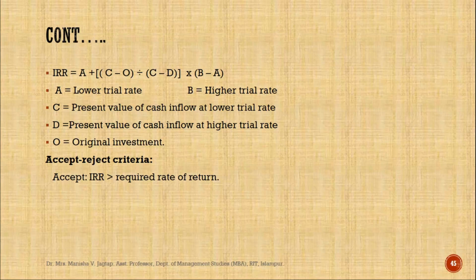And here, the accept-reject criterion is that we can accept a proposal when IRR is greater than the required rate of return. So for better understanding of IRR, let us try to understand this with the help of an example.